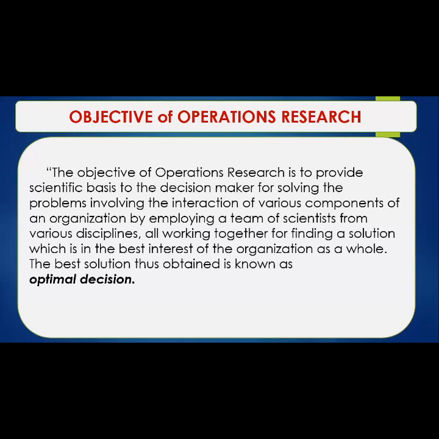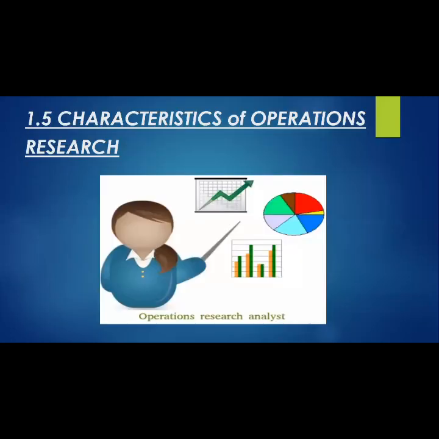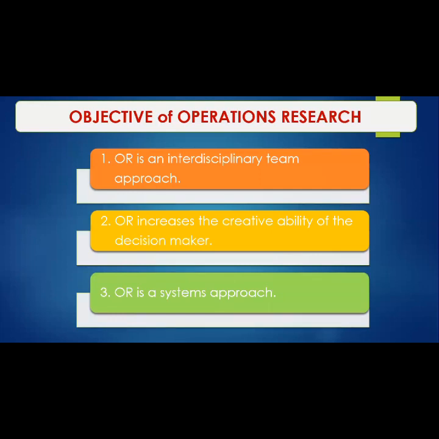And the next key area that we're going to be discussing today would be the characteristics of operations research. So what are the characteristics of operations research? First characteristic, operations research is an interdisciplinary team approach, meaning to say it involves a team of experts from different disciplines.